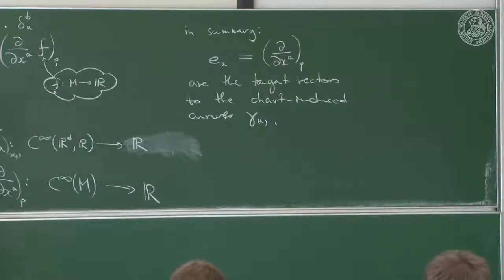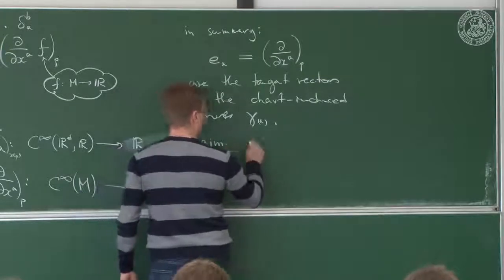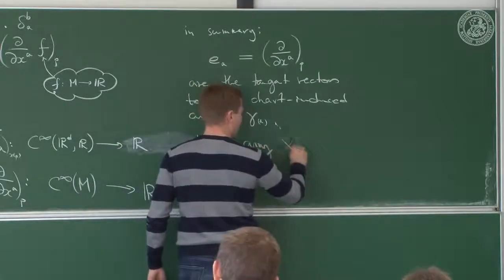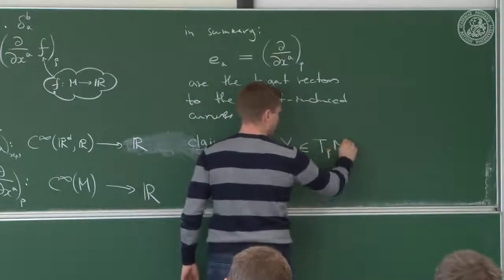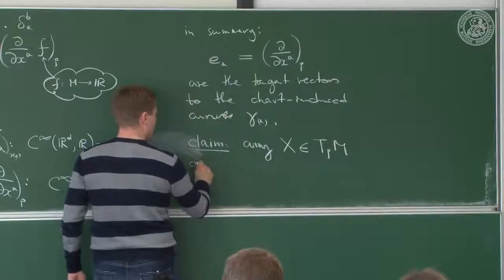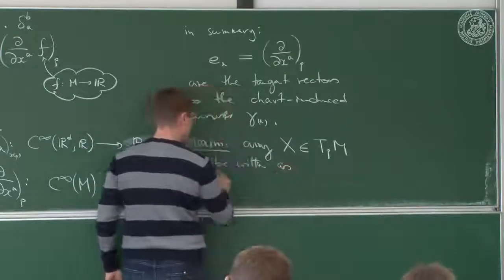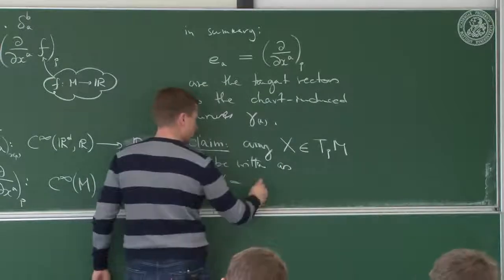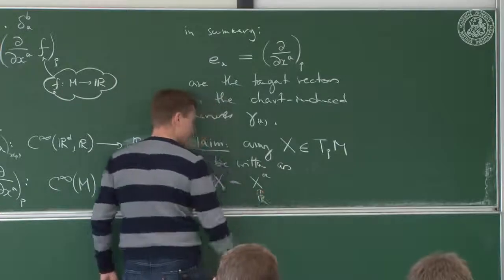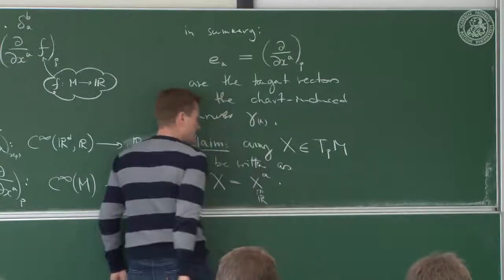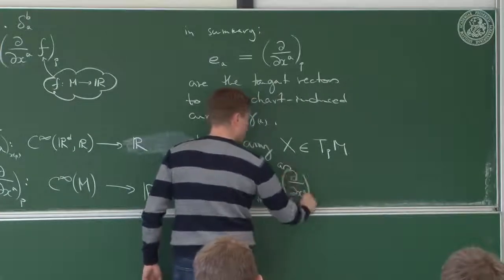Well, the claim is any vector X in the tangent space T_pM can be written as X = X^a times d by dx^a at the point p, where these X^a are just real numbers.